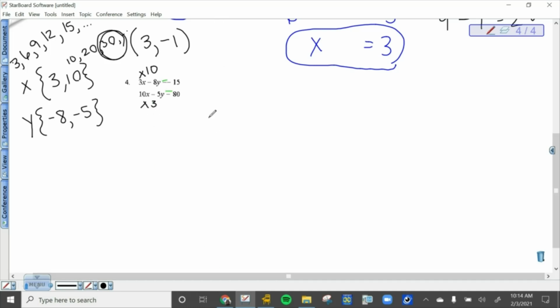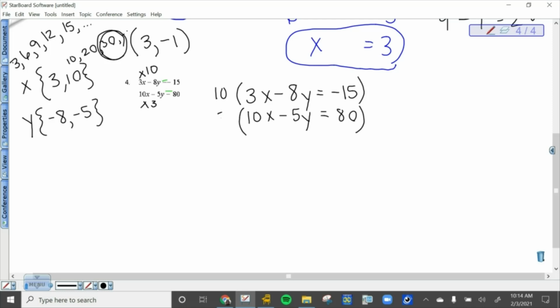Okay, so let's rewrite the equations. 3x minus 8y equals -15, and 10x minus 5y equals 80. We're going to multiply the first equation by 10, and the second equation by 3.